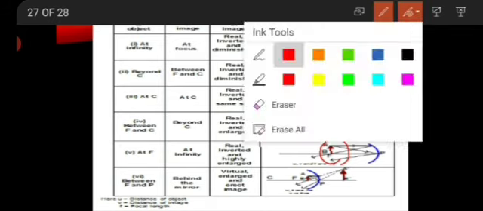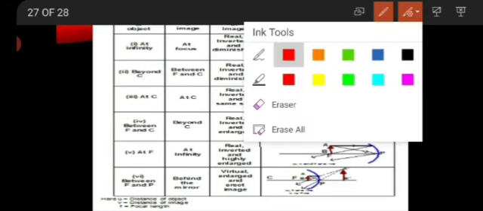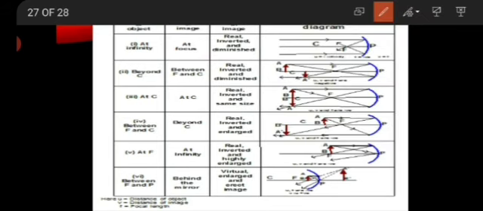The last position is when the object is placed between F and P, that is the focal point and the pole. Here is the object, which you can see.